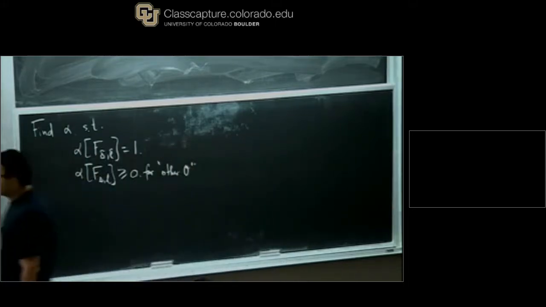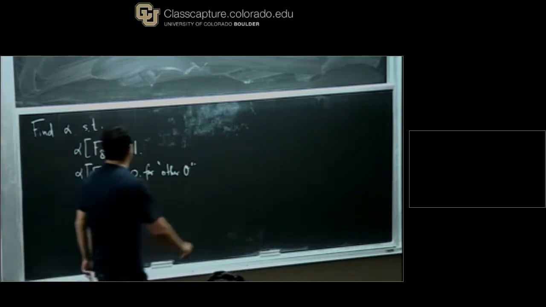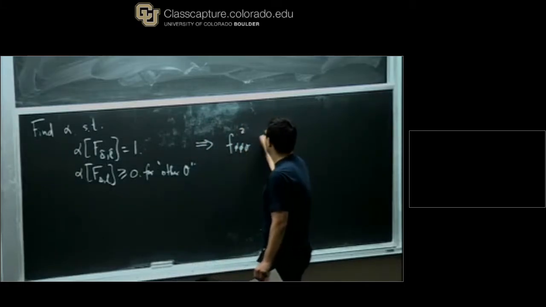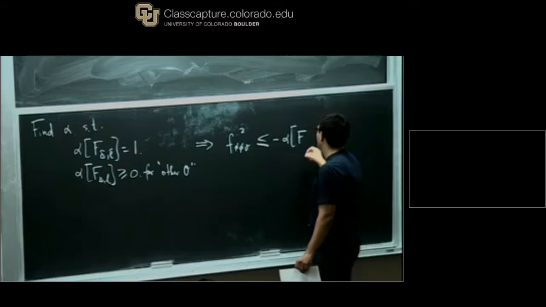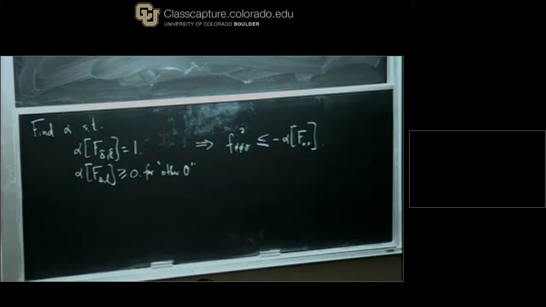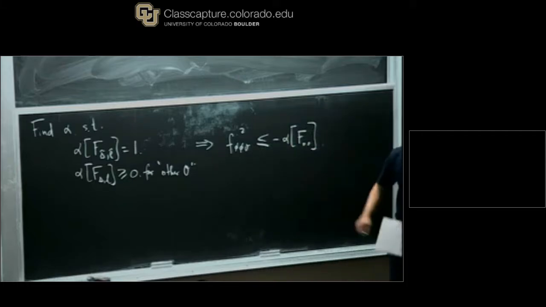then if we apply alpha to this equation, alpha acting on this f is equal to 1 by normalization. Alpha acting on this is positive, so this whole term here, because of the minus sign, is less than 0. So this implies that f phi phi O tilde squared is less than minus alpha applied to the identity. So if we find an alpha satisfying these conditions, then we can just evaluate alpha on the contribution from the identity, and we find an upper bound on the OPE coefficient squared.